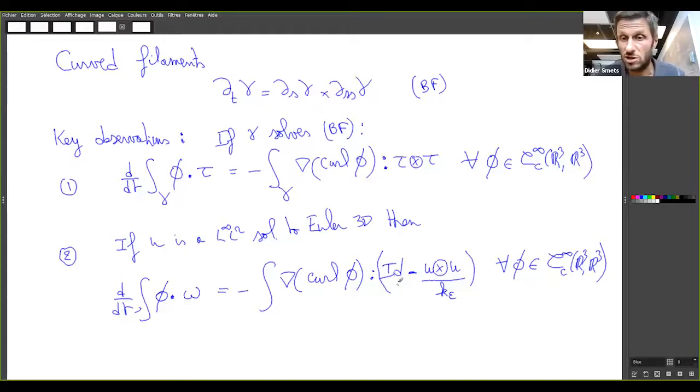Before trying to do any computation, is it expected? Well, if we go back to our heuristic computations from the very beginning, what we had was that if the vorticity is an idealized curve, then the velocity was the vector field obtained by the Biot-Savart law of a curve.